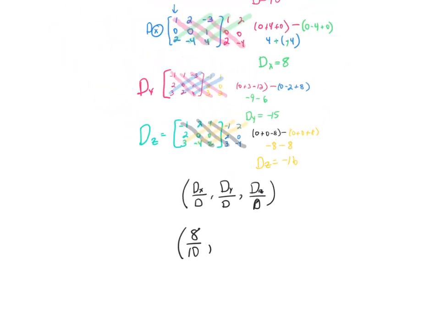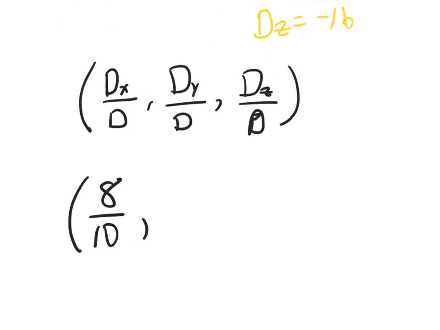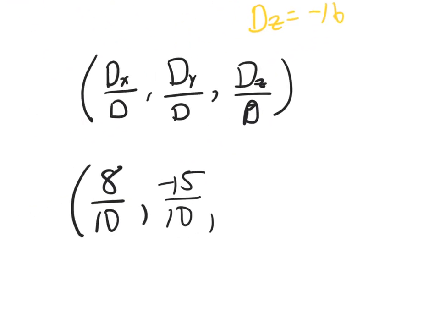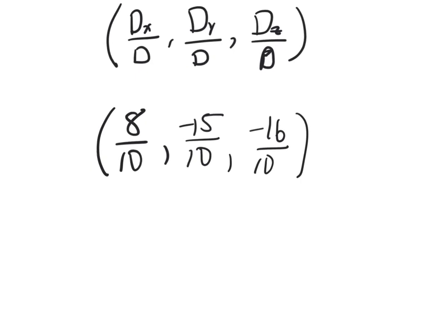What was D sub Y? Negative 15 divided by 10. And what was D sub Z? Negative 16, divided by 10. So your ordered triple is what? 4 over 5, negative 3 over 2, and negative 8 over 5.